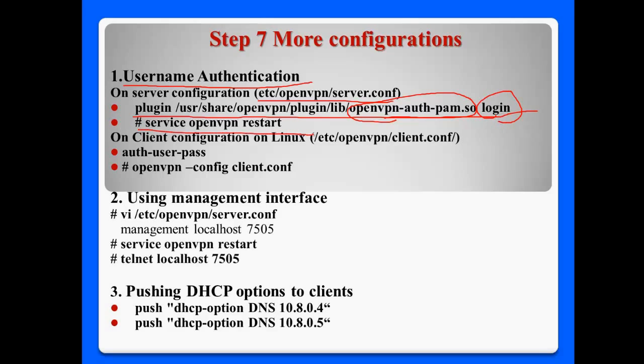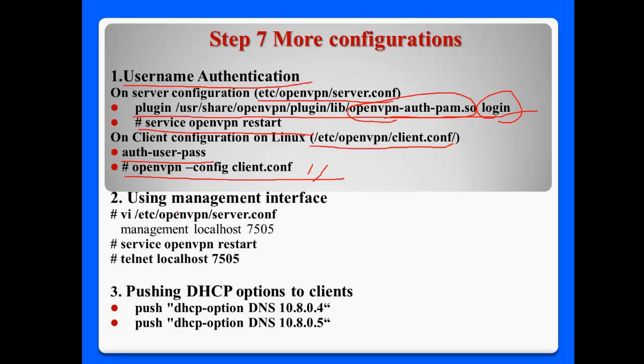After that, restart OpenVPN. In the client system, we need to add this line, auth-user-pass, like this. And after that, the client can also start like this. Here the OpenVPN client will request the ID and password.